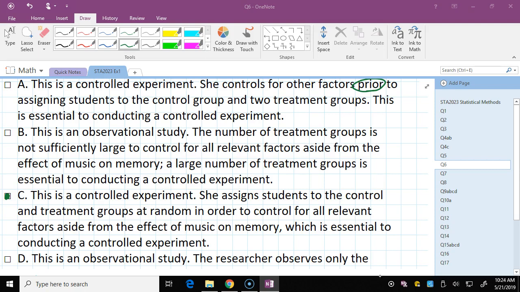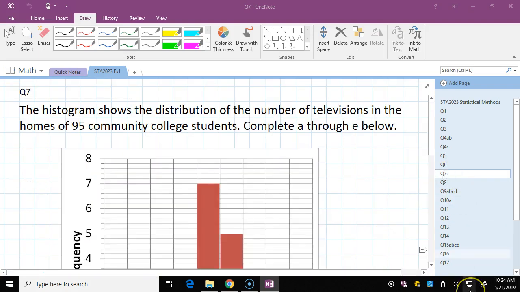But the big thing is that she's assigning random order. That's essential for a controlled experiment. Does that make sense? So just a couple of things. Like I said, sometimes you got to really make sure that you read through these things. At least you had a 50-50 shot once you knew that it was narrowed down. Okay? So the answer is definitely C. All right, Q7.